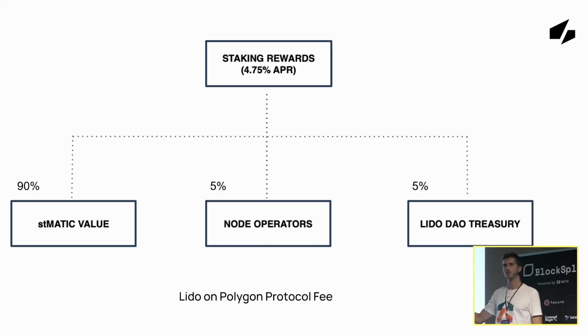Half of the fees are going to the node operators as an additional incentive and as a reward for participating in the protocol, and half of the fees are actually going into Lido DAO treasury. 90% of the accumulated rewards are going to users, to stMATIC token holders. They are getting restaked. Every day, every 24 hours, a reward distribution transaction happens, that withdraws all the rewards on all the node operators and distributes rewards in this fashion.